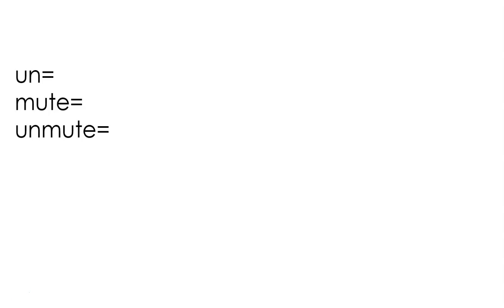So what does it mean to unmute something? Well, mute is cannot speak, and un is the opposite of. So the opposite of somebody who cannot speak is somebody who speaks. Mute, cannot speak. Unmute, someone who speaks.